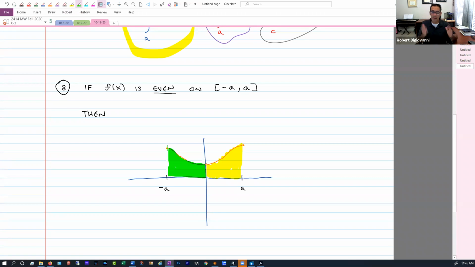Those should be equal because it's an even function. So this property simply states that if you want to know the area from negative A to A, all you'd really have to do is double the area from 0 to A. So if you could somehow figure out what the yellow part is, then doubling it would give you the area of the whole thing.